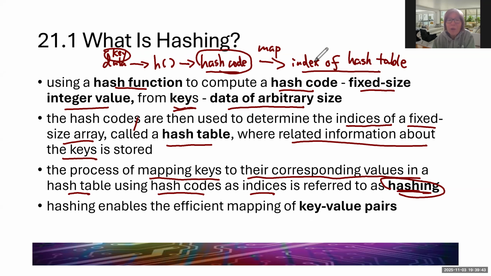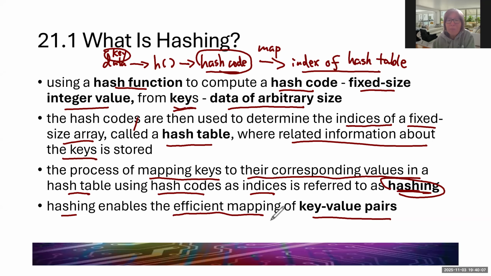This makes the search more efficient. So hashing enables efficient mapping of key-value pairs. You have a key and then the respective value, and we call it a key-value pair.